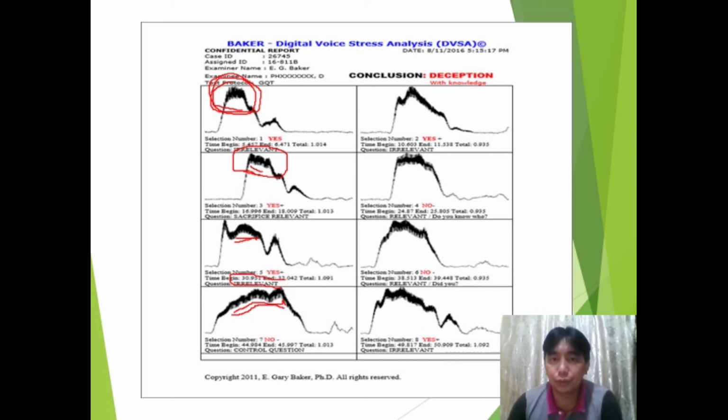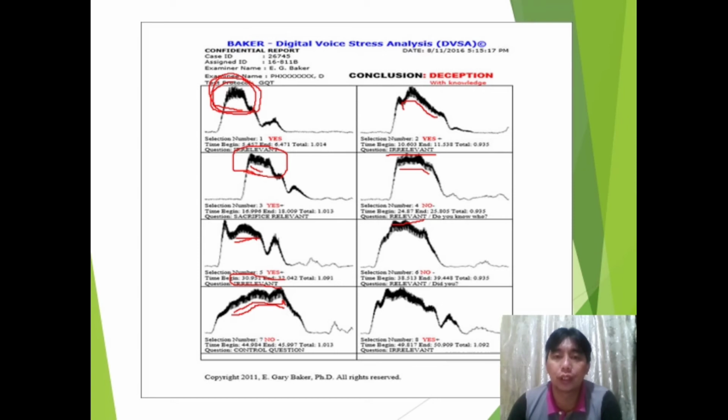If you go to another irrelevant question, you will notice here that it's solid, so the inaudible voice is completely present. And in the next relevant question, you will notice here that there seems to be a gap also. There is already disappearance of the inaudible voice.